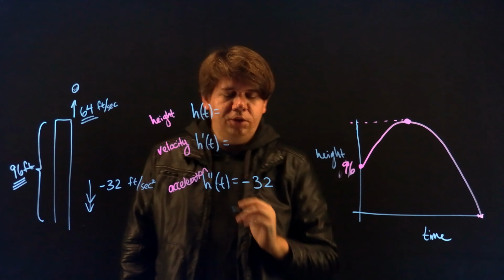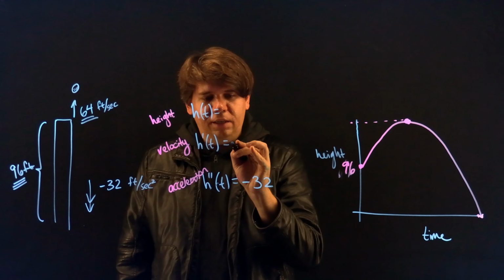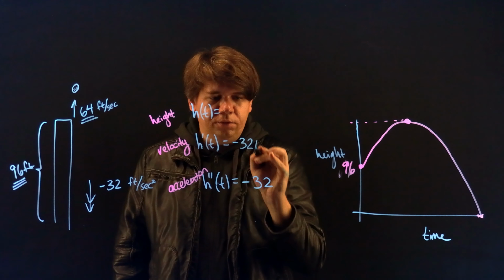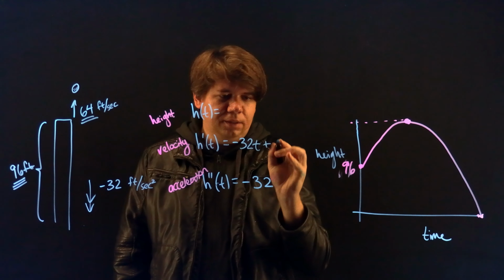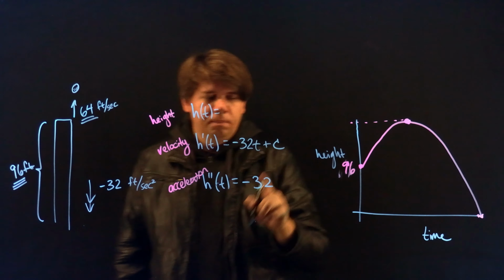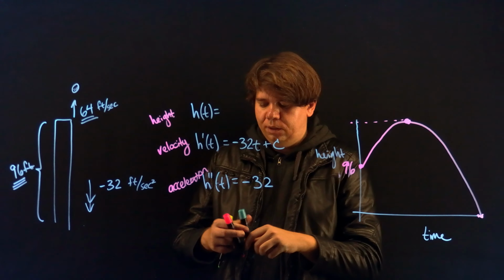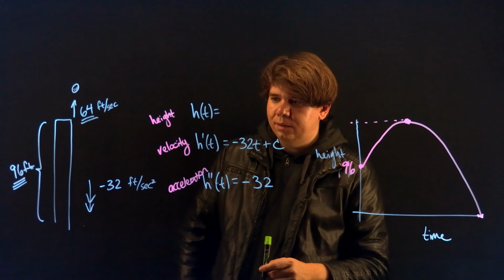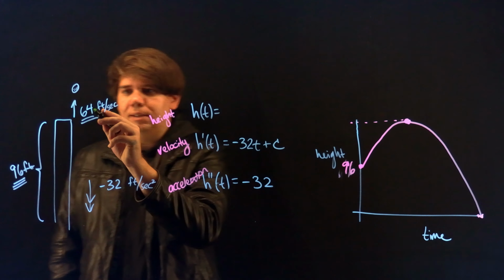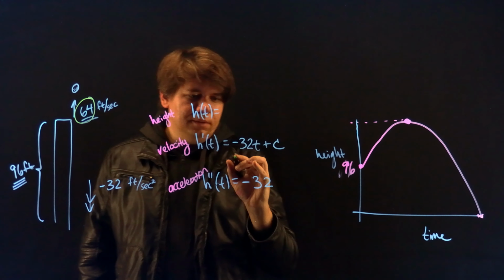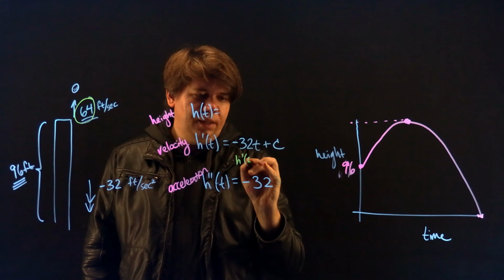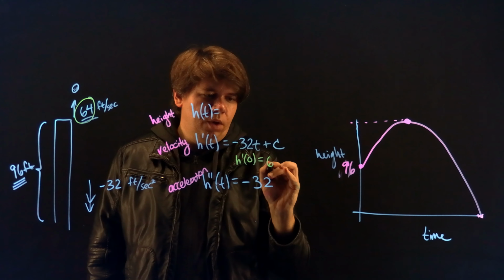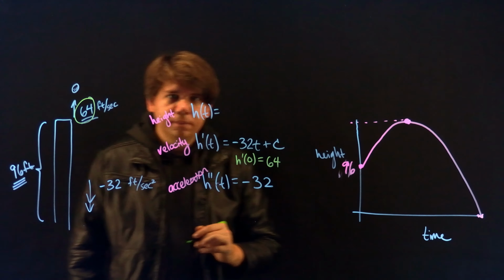So I go up once doing antiderivative. The antiderivative of negative 32 is negative 32t plus some constant. But what is that constant? Well, here we're going to use the fact that my velocity begins at 64, because that means that my velocity at time 0 was 64.